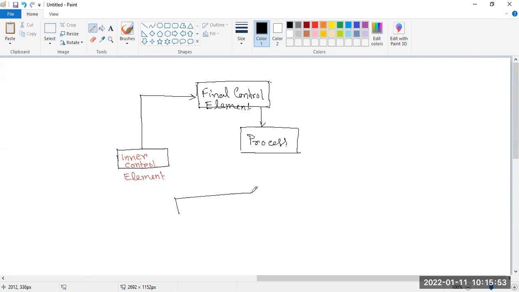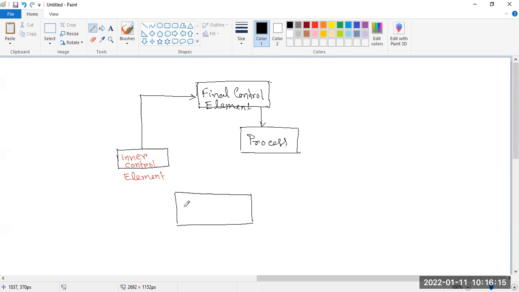And the last point is that impedance is transformed in proportion to the square of the turns ratio. That means Z2 dash is the equivalent of the secondary side impedance towards the primary side.